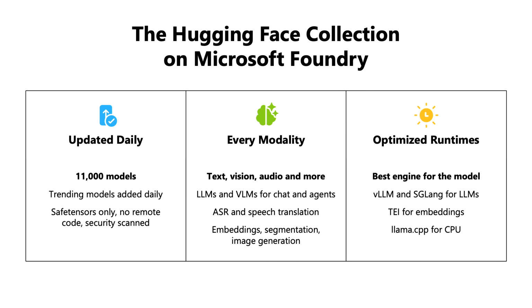So let me give you a few tidbits about how we're working together. The first one: we actually monitor daily the trending, most liked, and downloaded models for all the most important tasks, for all the most important model providers like NVIDIA, to make sure that when these models land on Hugging Face, within the same day they become available in Microsoft Foundry.